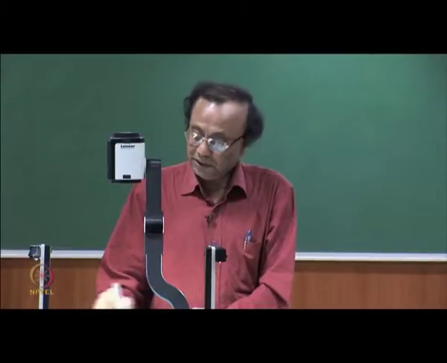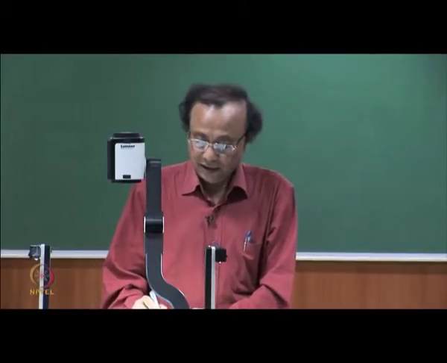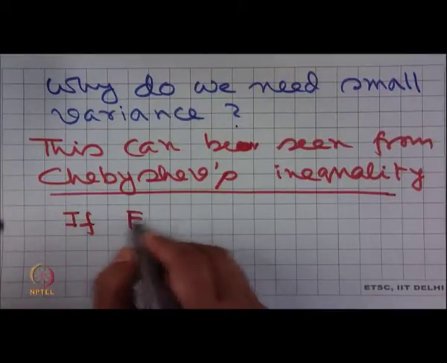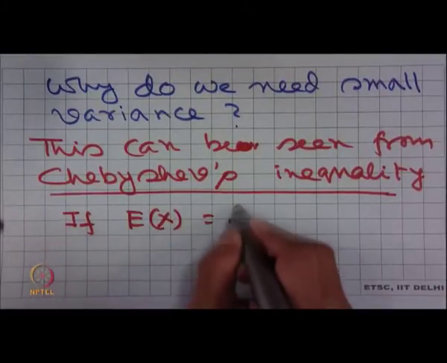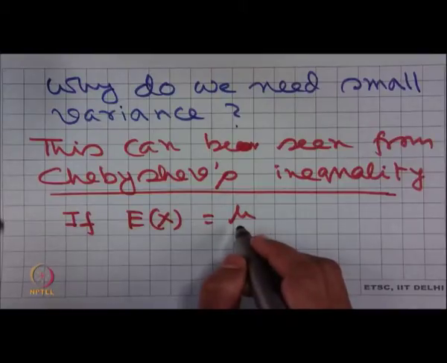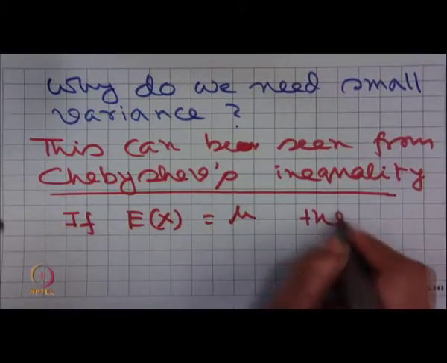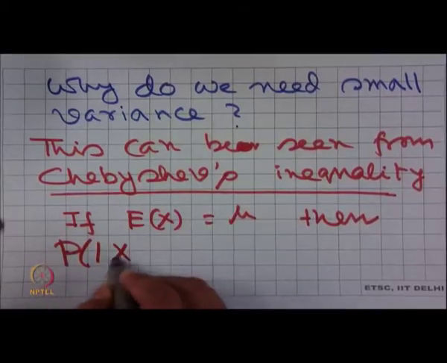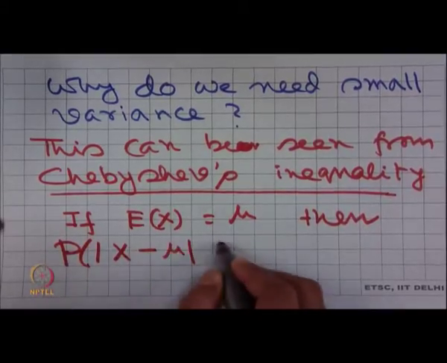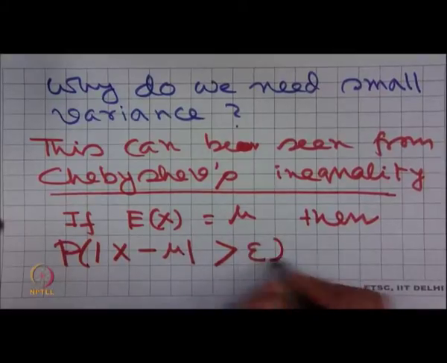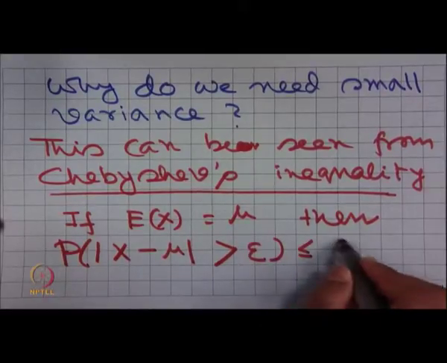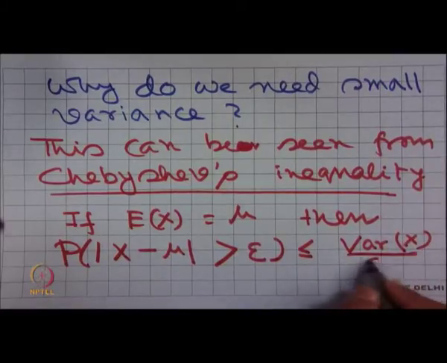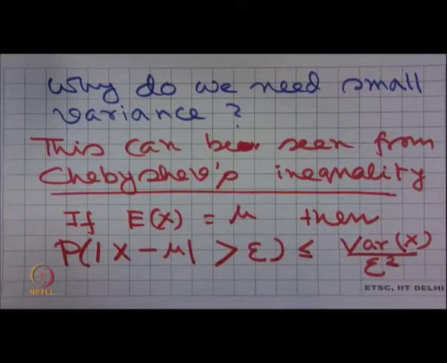But Chebyshev's inequality says that if the expectation of x is equal to mu, then the probability that modulus of x minus mu is greater than epsilon is less than or equal to variance of x upon epsilon square.